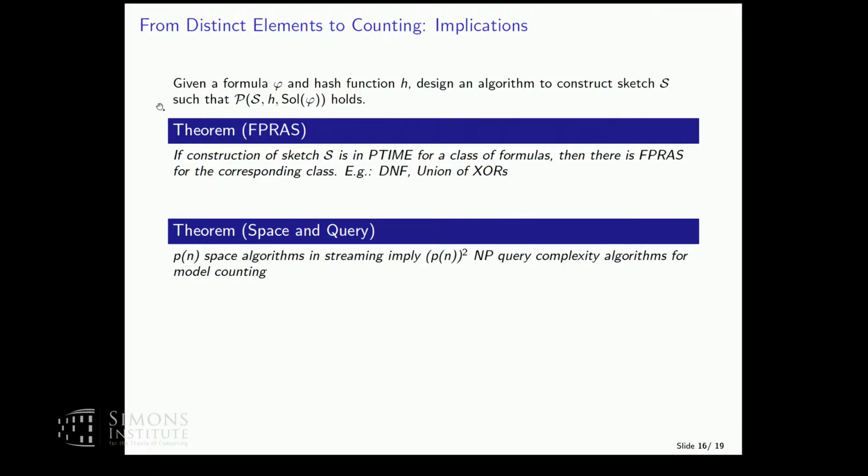So now it also turns out that you can say something more interesting about these two areas. If there is a polynomial space algorithm in streaming for distinct element counting, that implies a bound on the number of queries you make in counting. Why so? Because if you think about streaming, if you are storing something, it's because we can't really recompute based on what we already have. That's the reason we had to store some bits.